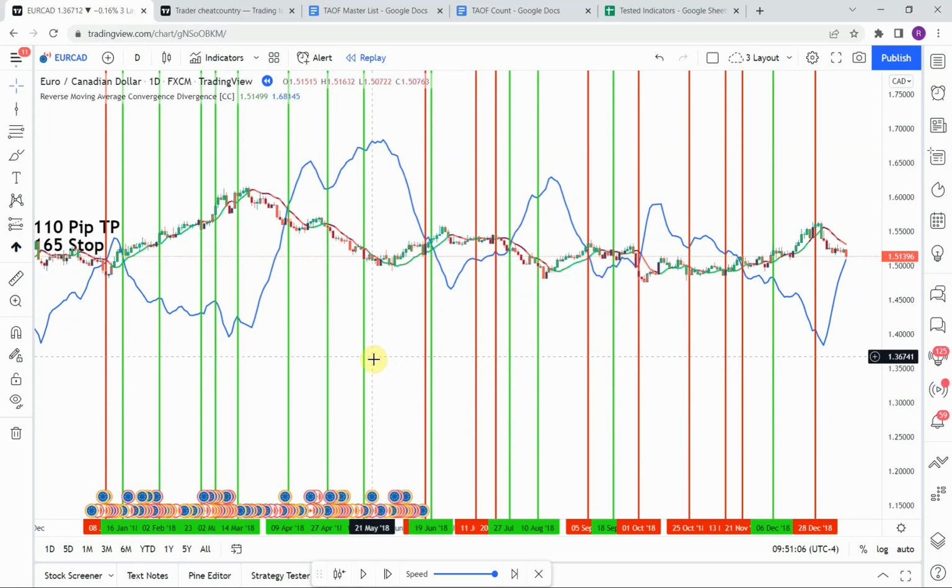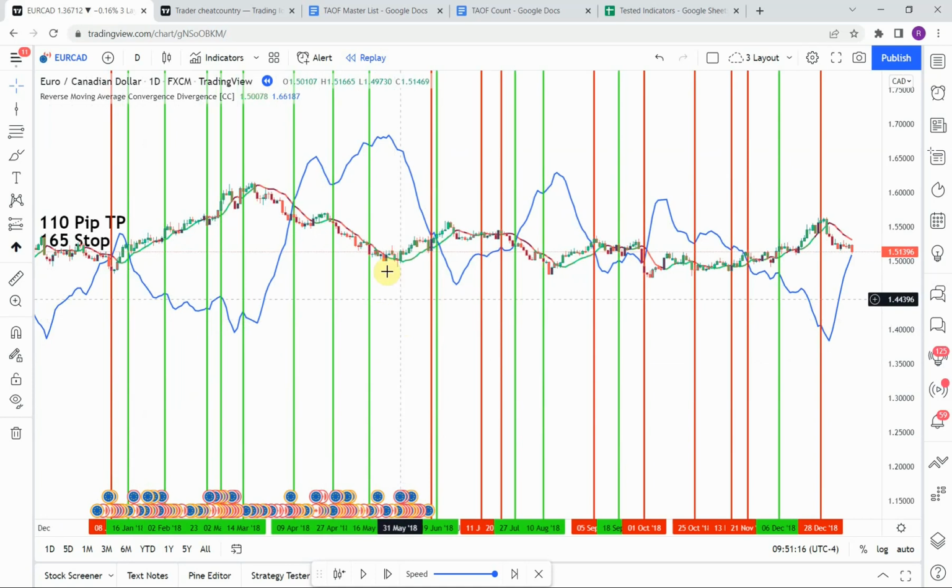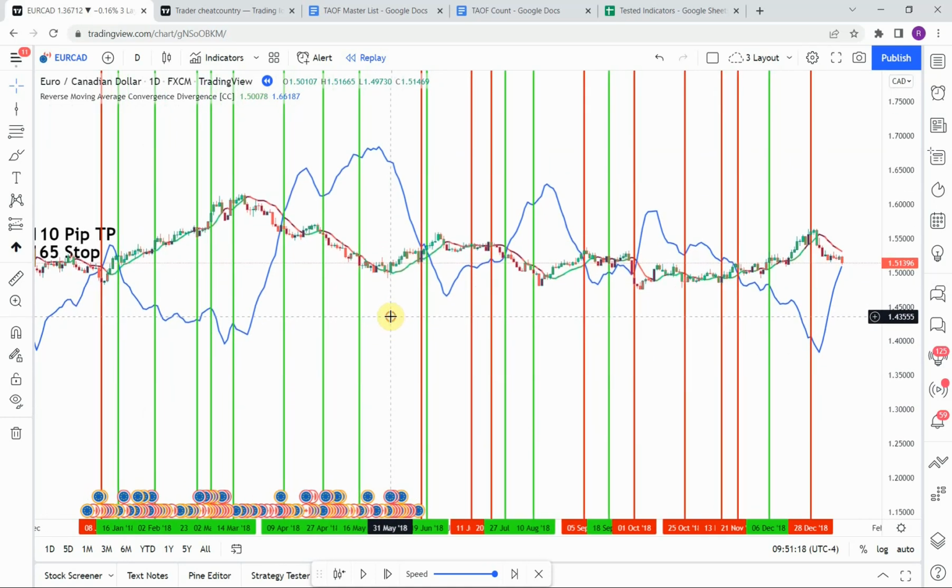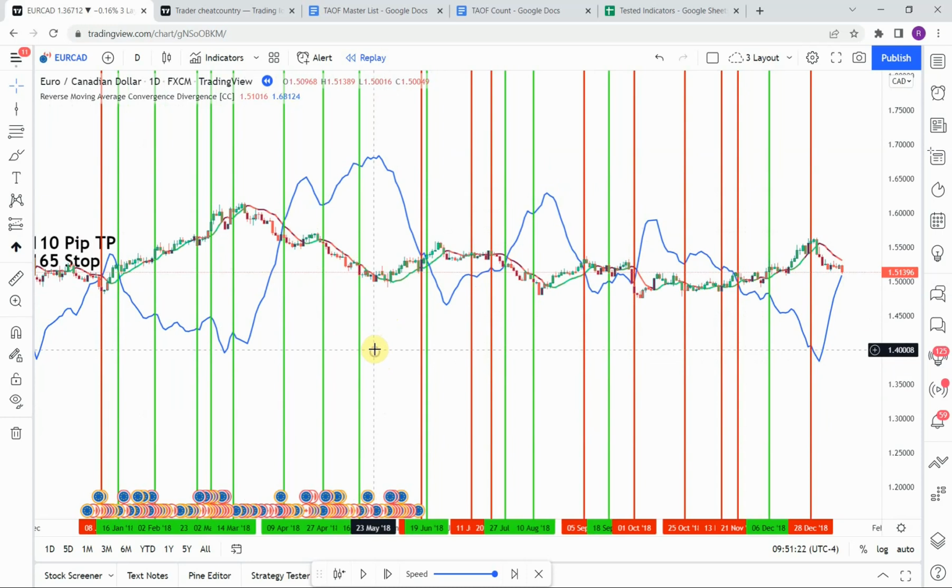In this particular case, we kind of assumed that we would enter, hit take profit, close the trade, enter, hit take profit, close the trade, and so on. And we've done this with a few other indicators before, just to see overall what happens.